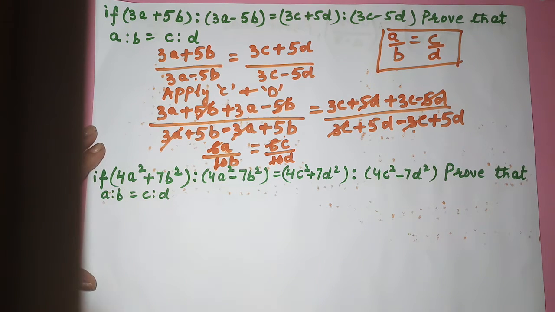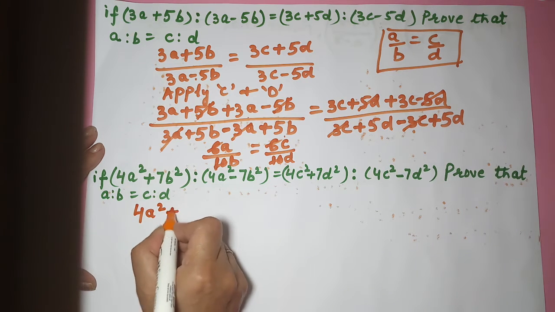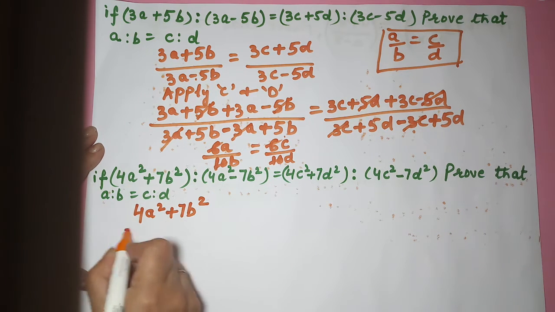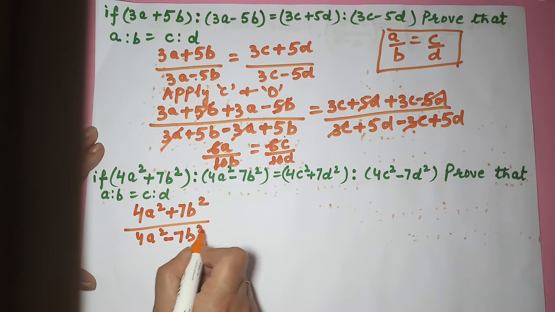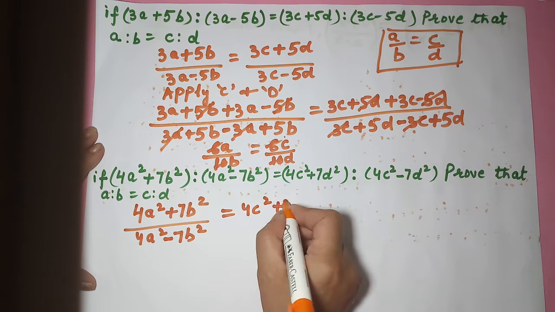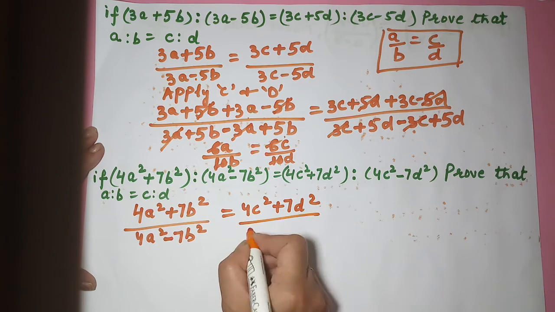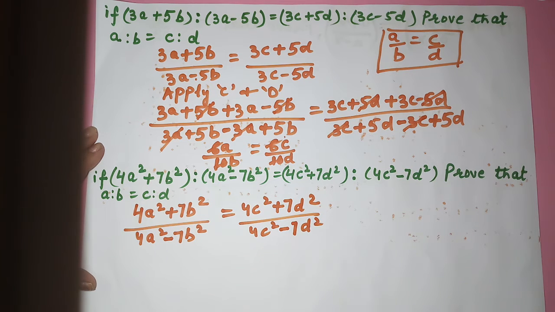Now same here, what we will do is we have 4a square plus 7b square upon 4a square minus 7b square equal to 4c square plus 7d square upon 4c square minus 7d square. So we will apply componendo and dividendo. How?